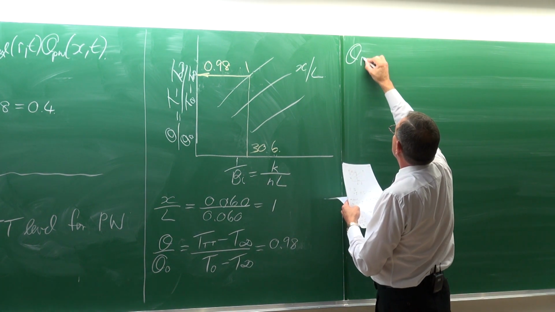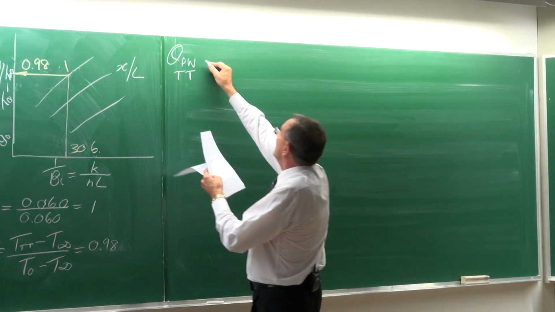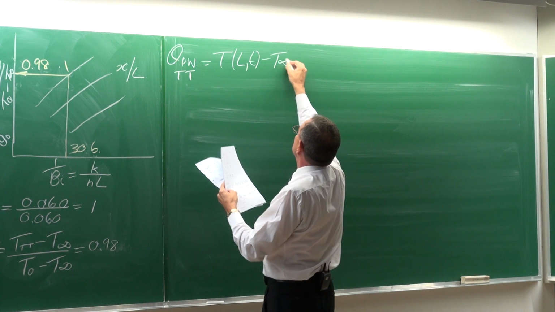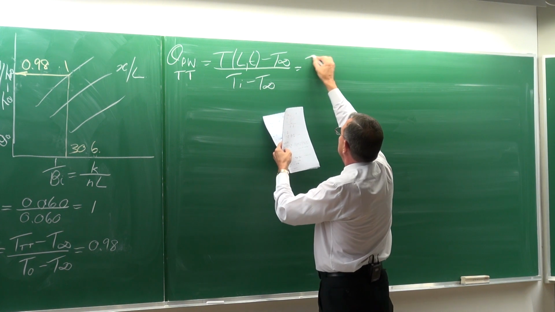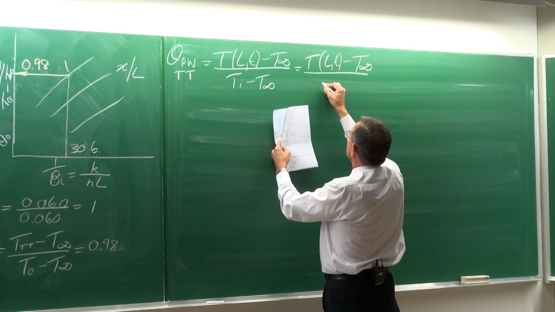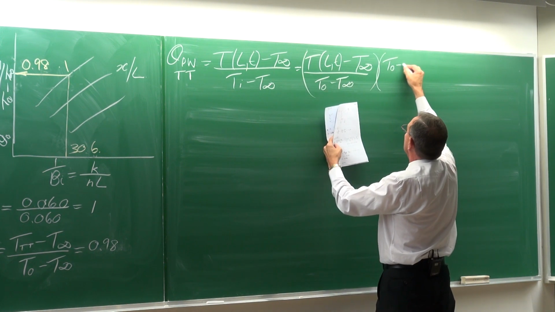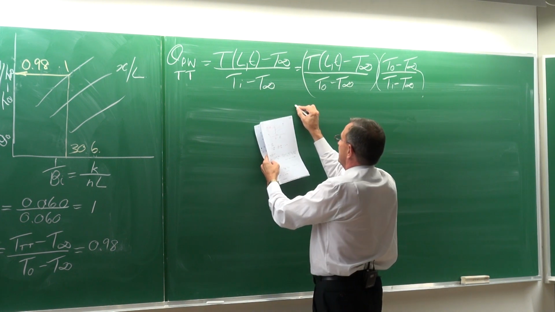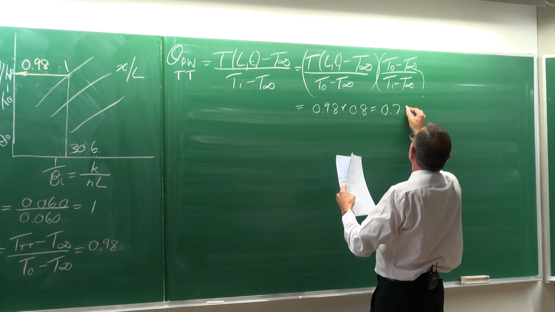So the non-dimensionalized temperature for the plane wall on the level TT is then equal to the temperature at LT minus T infinite divided by Ti minus T infinite, and that would be equal to the temperature LT minus T infinite divided by T0 minus T infinite multiplied by T0 minus T infinite divided by Ti minus T infinite, and that would be equal to 0.98 multiplied by 0.8, and that is equal to 0.784.